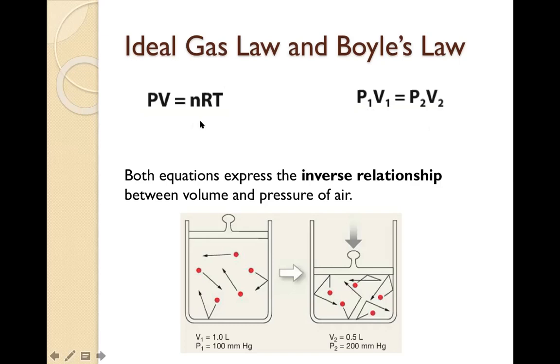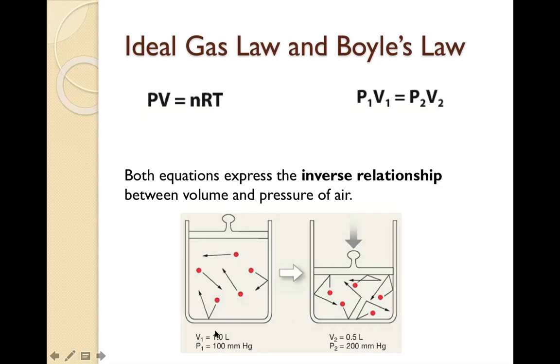If you were to take some sort of a gas at a certain pressure, 100 millimeters of mercury, and it occupies 1 liter, if you were to increase the pressure of that gas to 200 millimeters of mercury, it would only occupy half a liter. So the higher the pressure, the lower the volume.